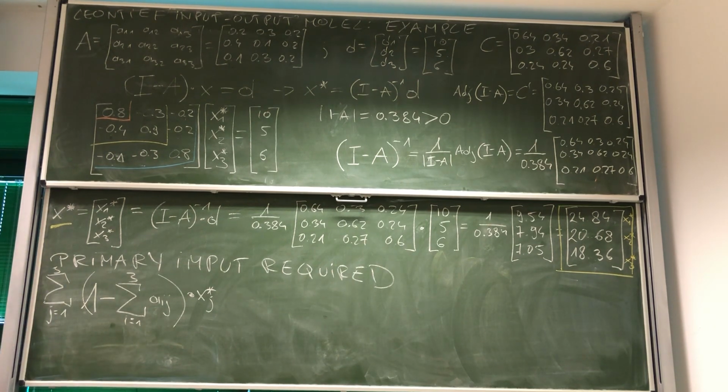We've got 3 sectors, right? So in each case, we need to find what part goes to primary inputs, and we need to add it up for all 3 goods.